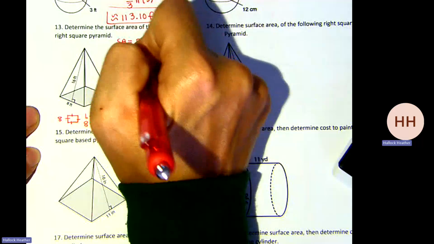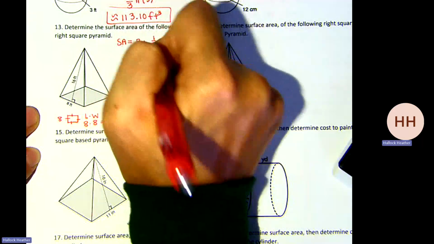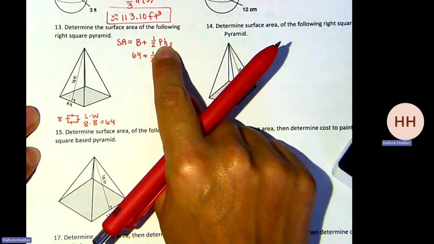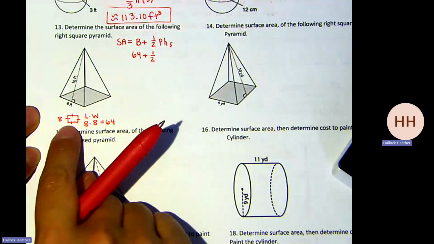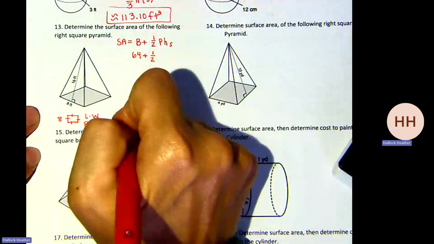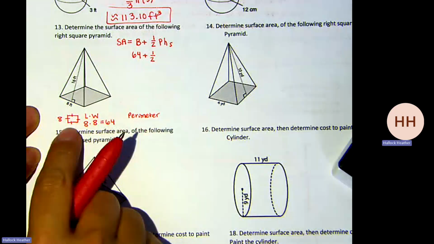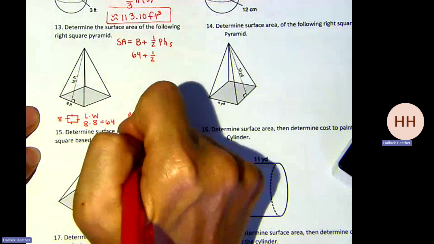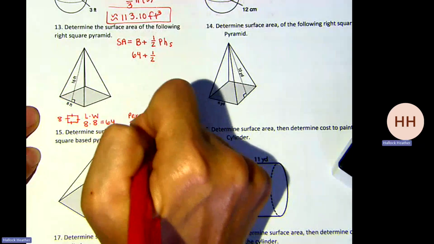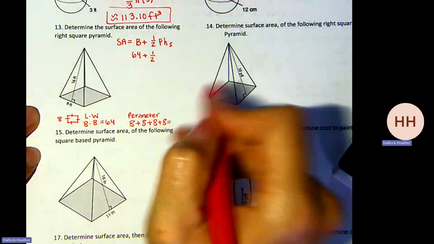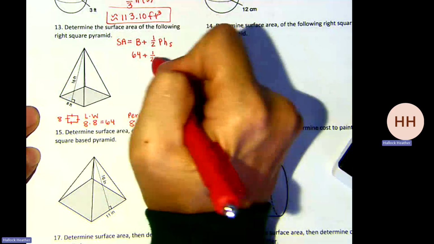So I'm doing 64 plus 1/2. And then I have P, which is the perimeter of the base. I have the same shape. For perimeter, I have adding up the sides. So I'm doing 8 plus 8 plus 8 plus 8, or 8 times 4, whichever way you want to do it, which makes 32. So P is 32.